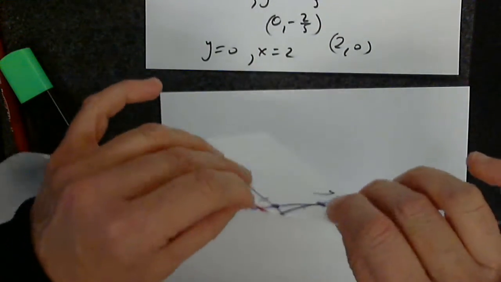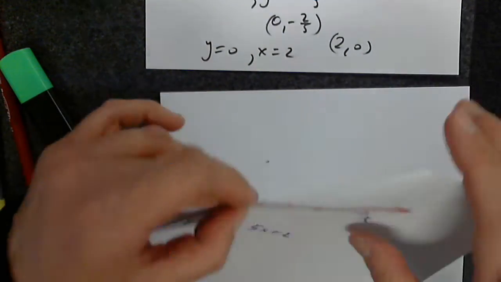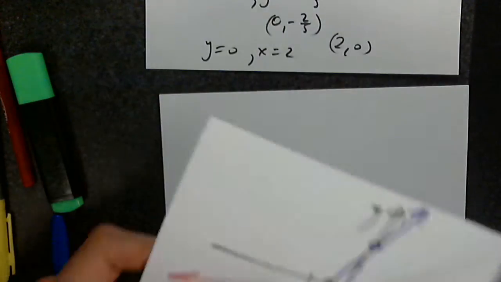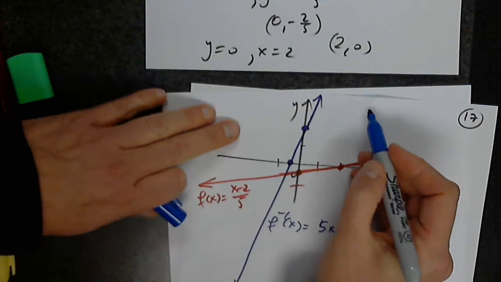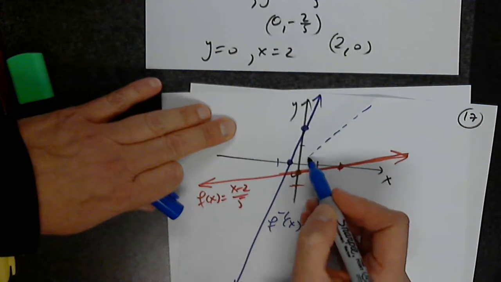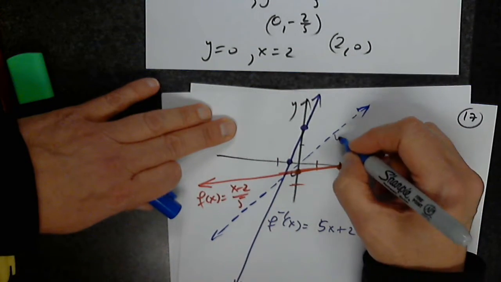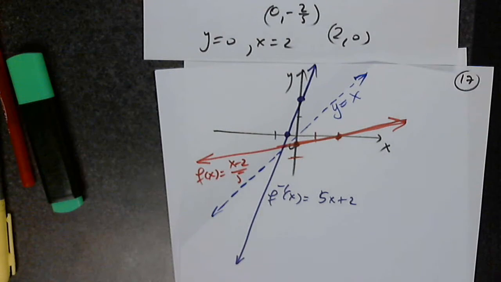This portion of one graph overlaps here, and this portion overlaps with this. What happens is that exactly they are symmetric with respect to this line, which is y equals x. Always. This always happens when you graph the function and its inverse.